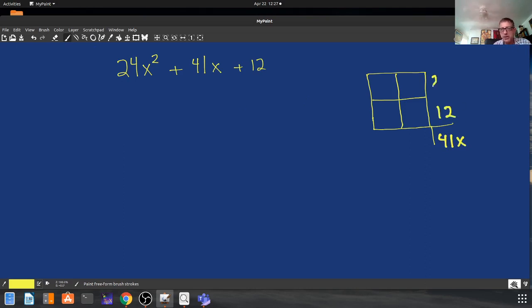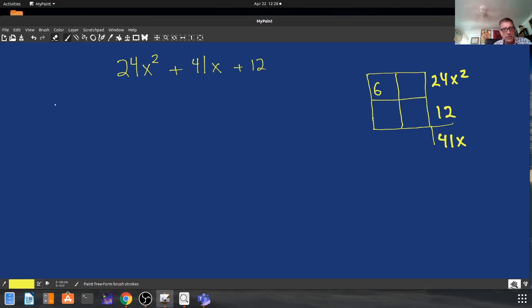12 and 24x squared. Oh, we've got to do this. So 24x squared, let's try 6. So let's think. I'm not wanting to use my eraser today.